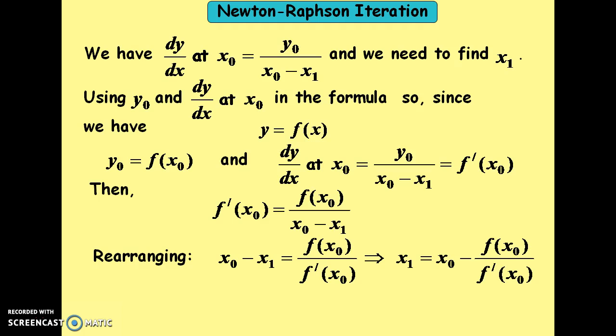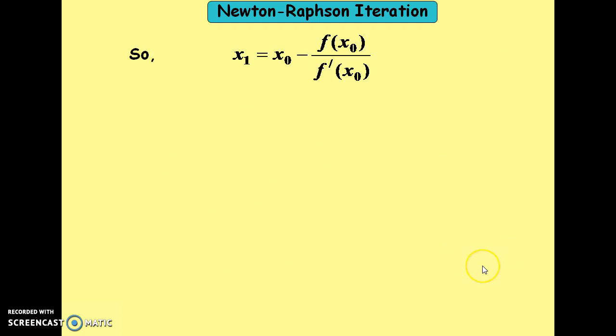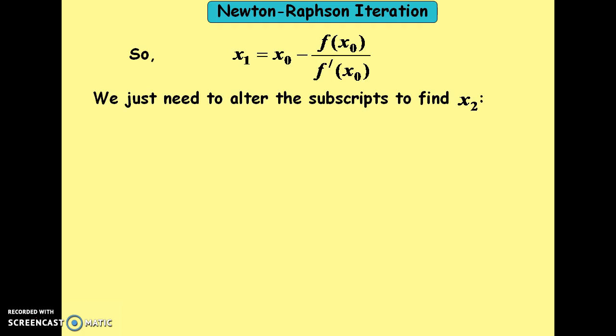So x1 equals x naught minus f(x naught) divided by f dash x naught.